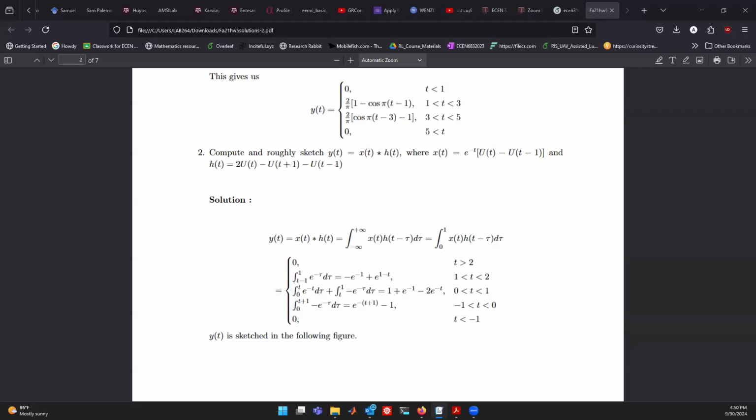Now, to do the convolution, we are interested in calculating y, which is the convolution between x(t) and h(t). This is defined as the integration from minus infinity to plus infinity of x(tau) times h(t minus tau) d tau.